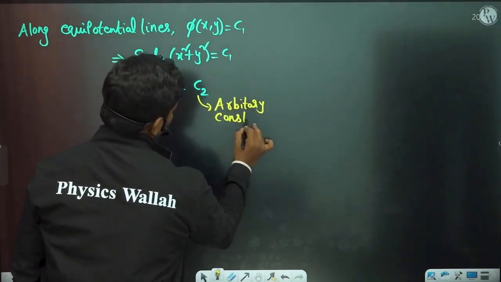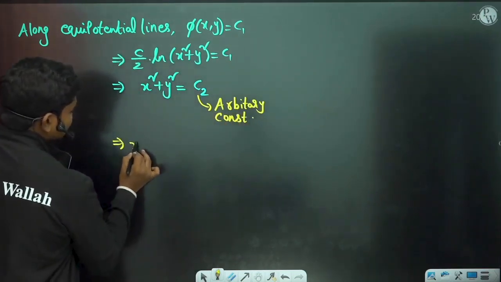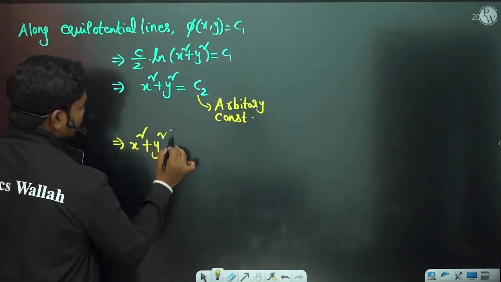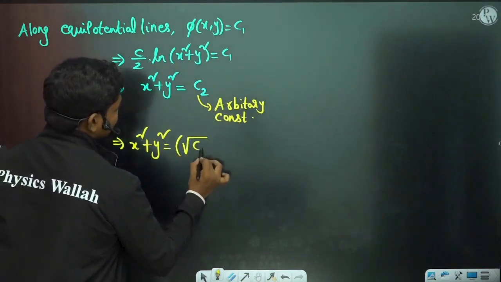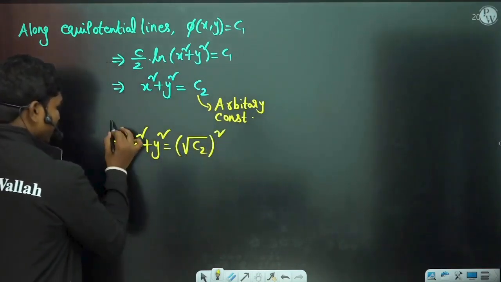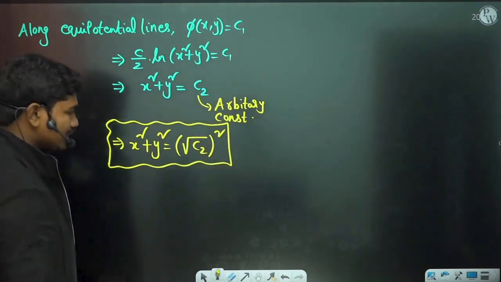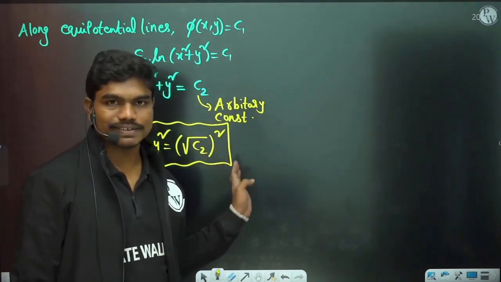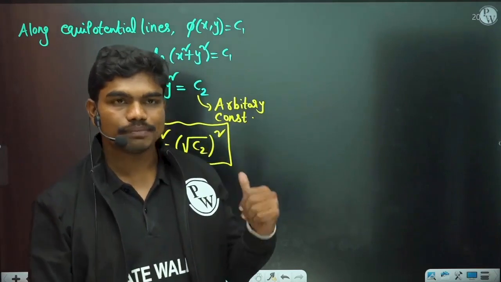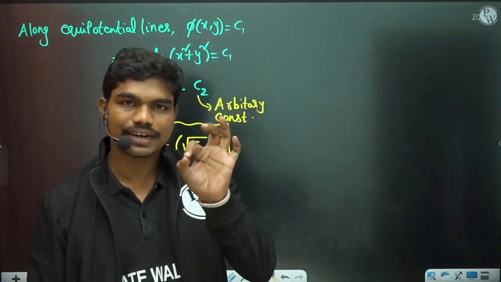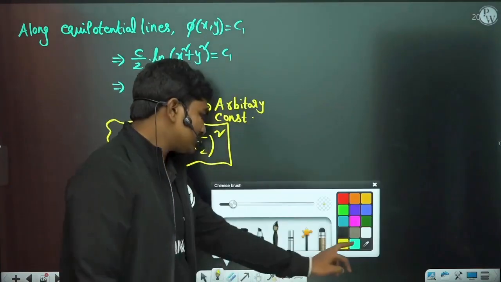Now this can be written as x square plus y square is equal to square root of c2, for example, squared. Now this equation is of the form x square plus y square equal to a square. So they represent a family of circles with center at origin, correct?